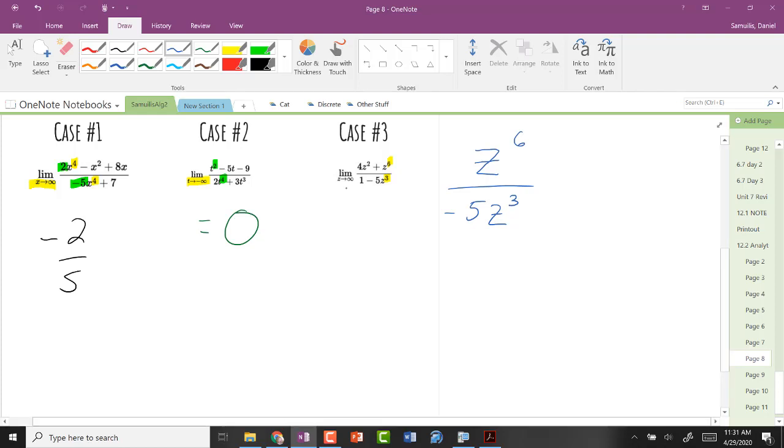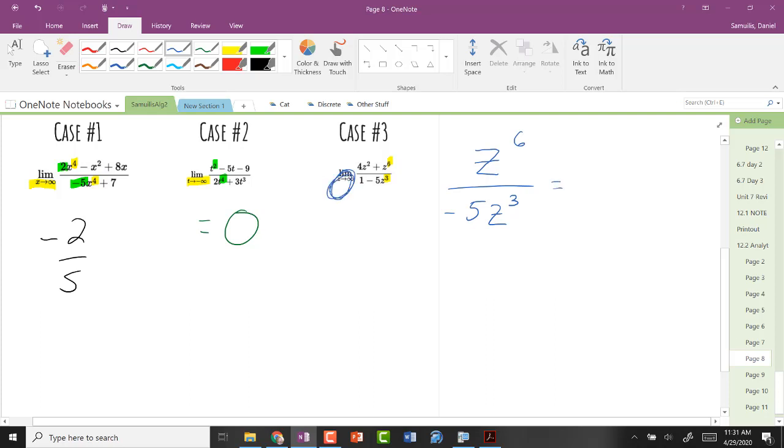So the idea, if you think about the substitution, is that you are plugging in values for z. Now, the reason the leading coefficients are the only thing that's important is because it's this idea of a slant asymptote that we are trying to follow. So here's the idea I want you to think of.